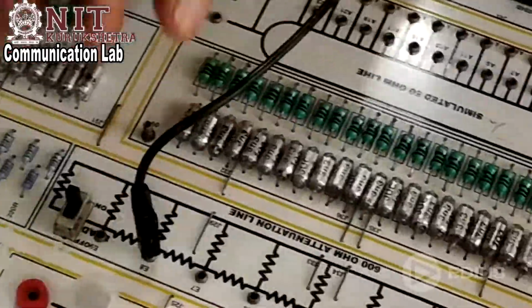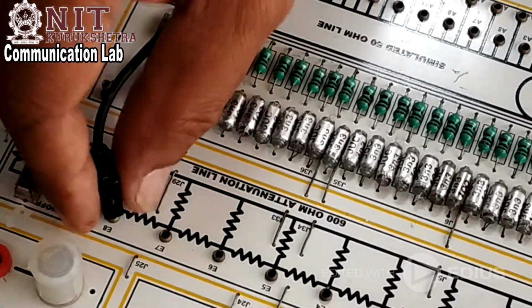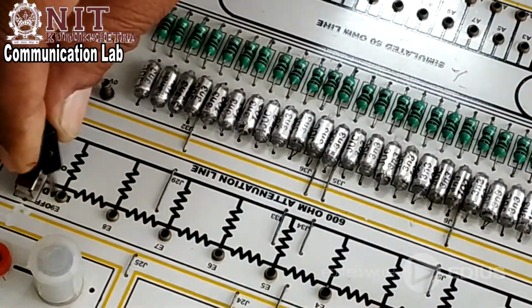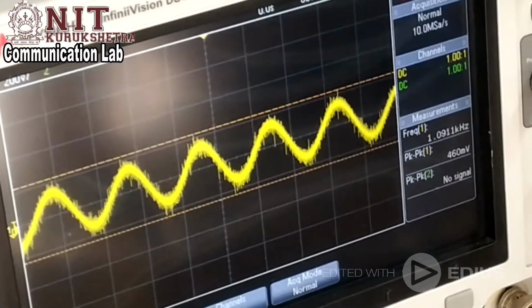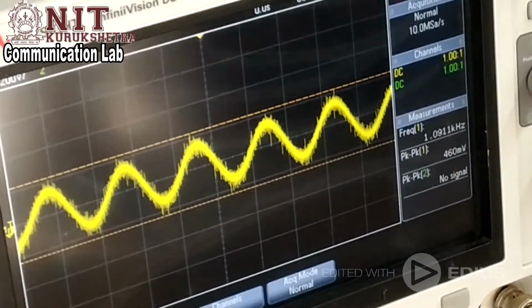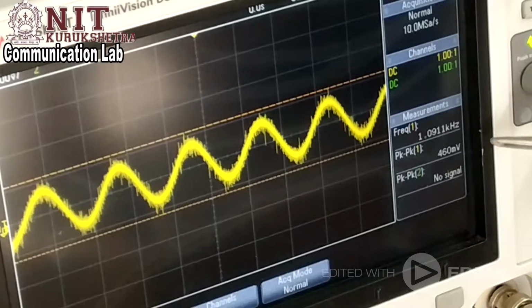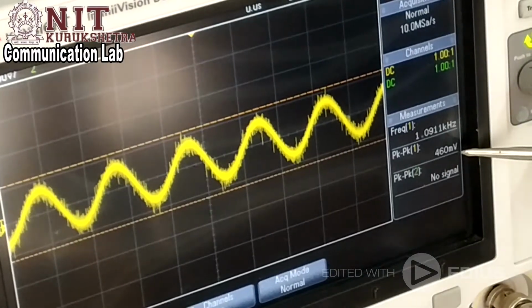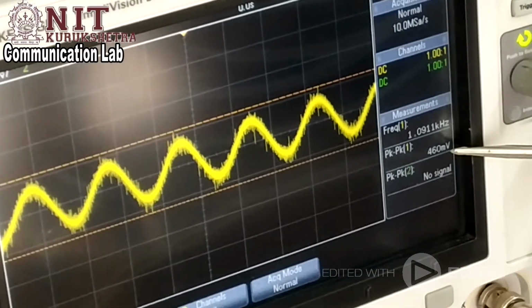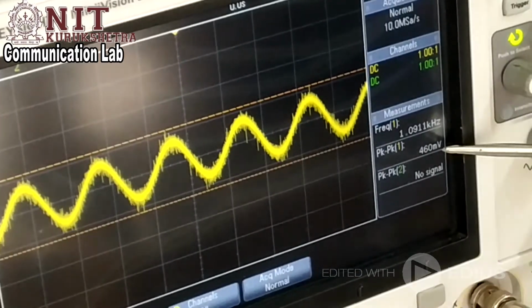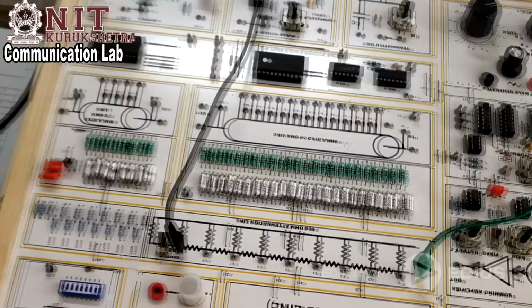The frequency is the same. Our last step is E9. Here the voltage is 460 millivolt. Frequency is 1 kilohertz.